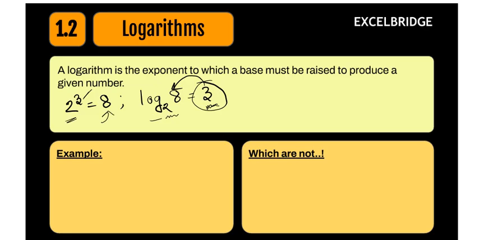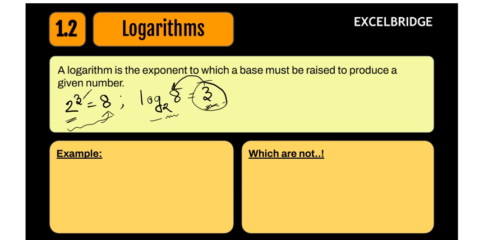So this is the exponential, this is the exponent, and this is the value of the logarithm. I hope this is clear now.